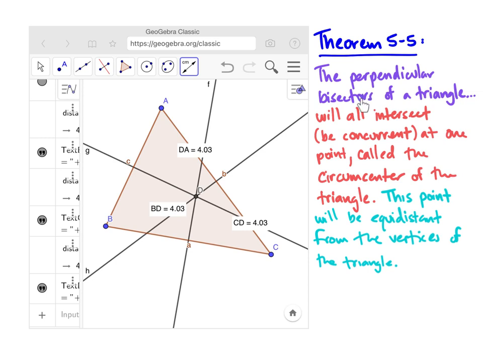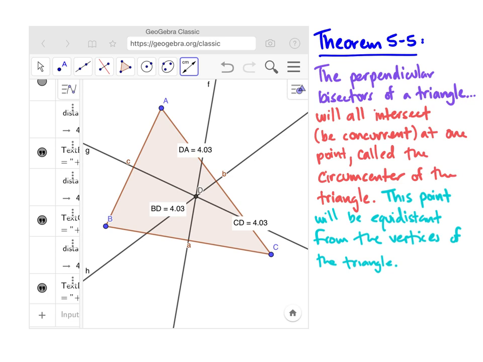When we draw the perpendicular bisectors of a triangle, of course, that means we could draw one for each side, so there would be 3 of them. When we draw those 3 perpendicular bisectors, they're going to intersect at one single point. It's called being concurrent. That one single point is called the circumcenter of the triangle. And what's special about that circumcenter is that it is equidistant from each vertex of the triangle.